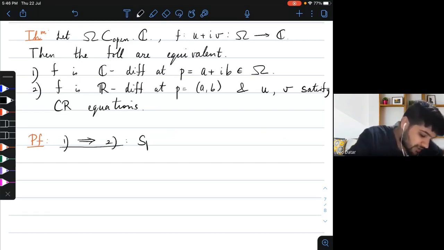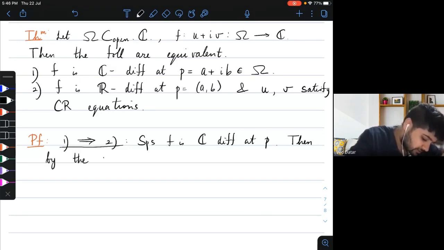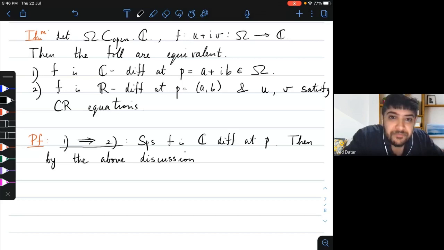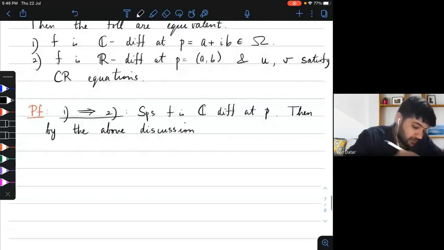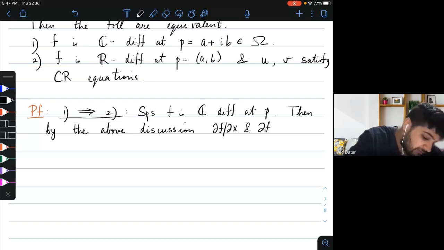So suppose f is C differentiable at this point P. Then by the above discussion, del f by del x and del f by del y exist.